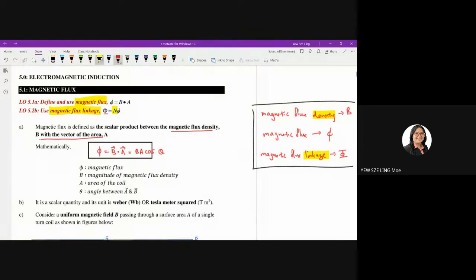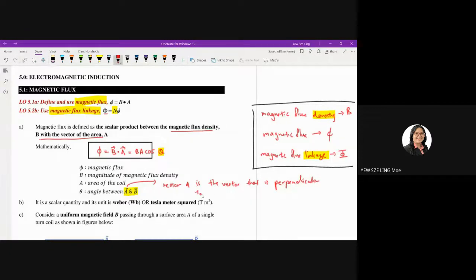And once again, what is theta? Theta is the angle between vector A and vector B. So do you still remember what is meant by vector A? Vector A is the vector that is perpendicular to the plane.